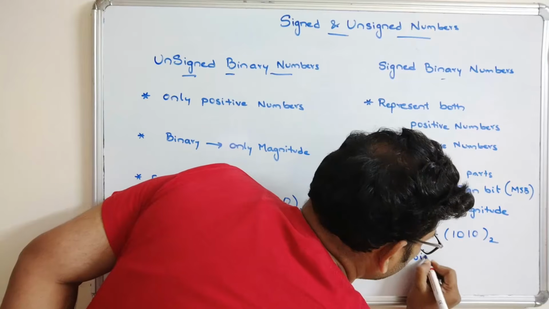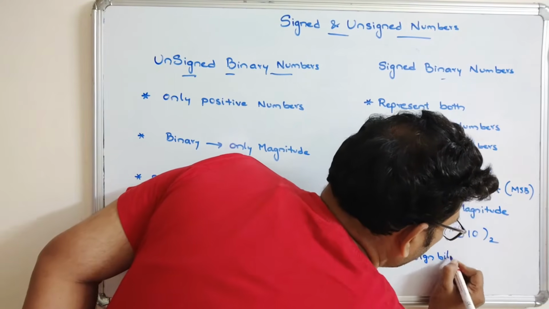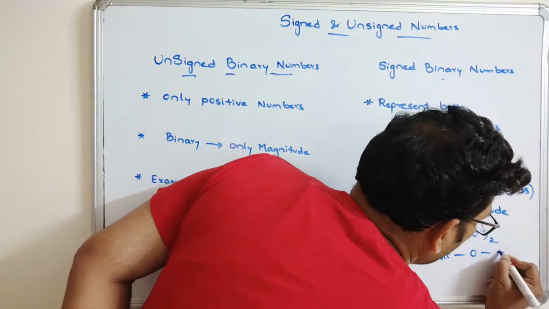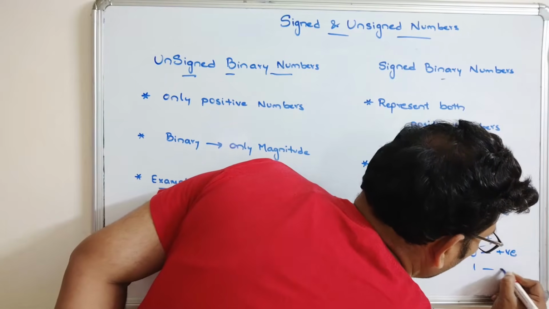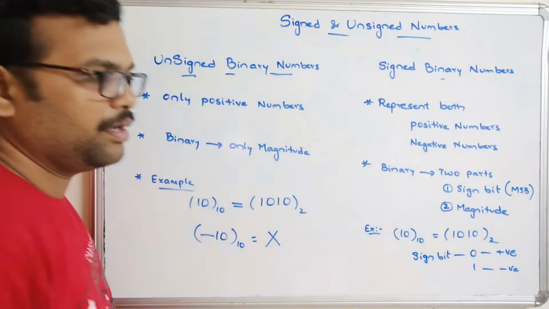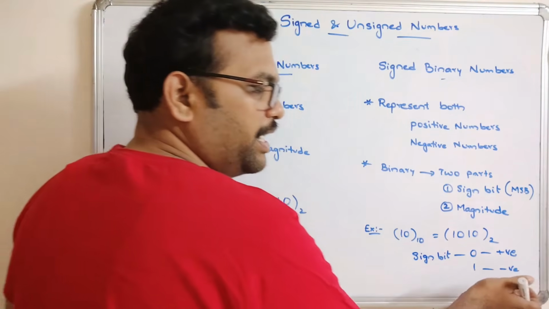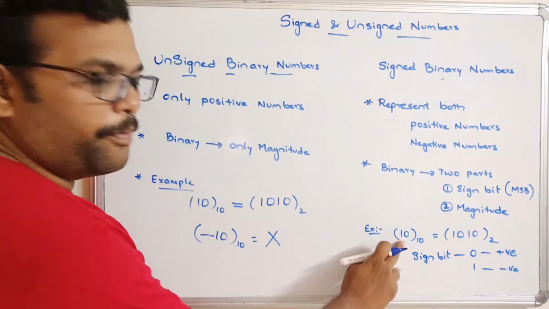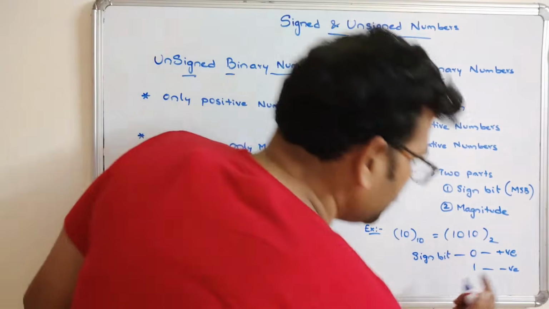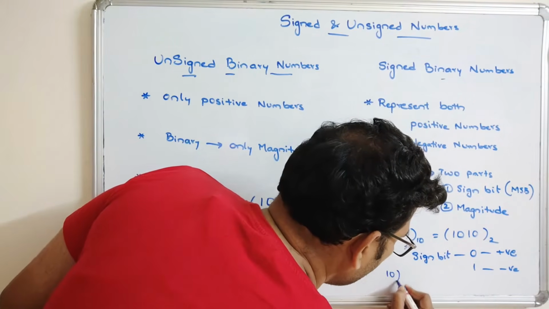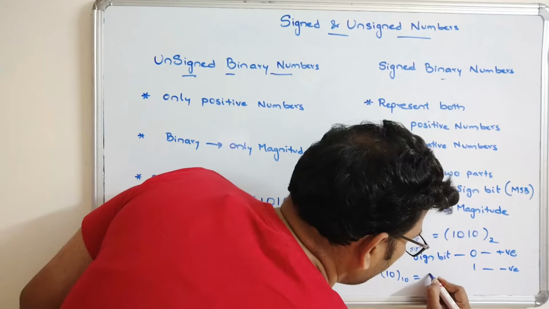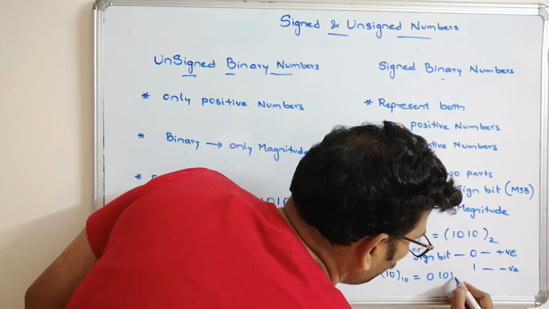If the sign bit is 0, that implies positive; if it is 1, that implies negative. Now this is a positive number, so 10 should be represented as 0 1 0 1 0.